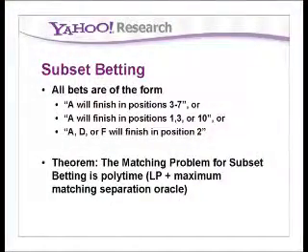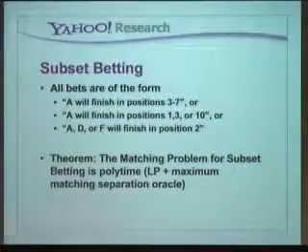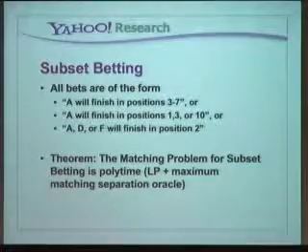On the other hand, with a different type of restriction, if all bets are what we call subset bets, like horse A finished in this range of positions, we can solve that in polynomial time. We set up this linear program, and I think we have to keep solving linear programs with maximum matching in the inside loop, but we can do it in polynomial time.